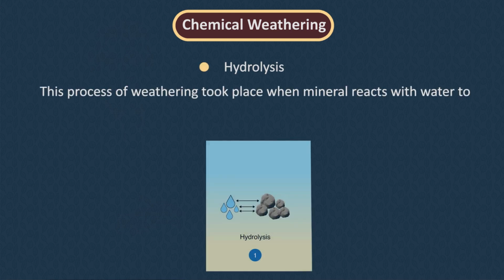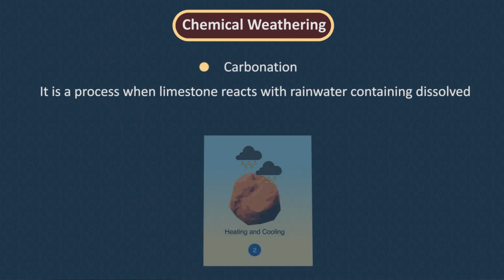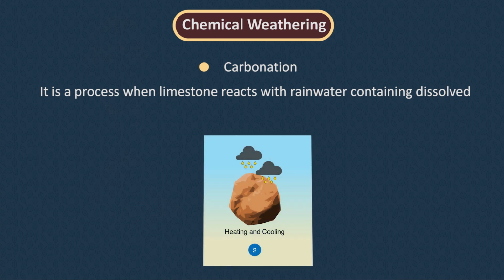Students, now let us look into the chemical process of weathering. The different chemical processes of weathering include hydrolysis. This process of weathering takes place when minerals react with water to form other products. Next is carbonation. It is a process when limestone reacts with rainwater containing dissolved carbon dioxide.